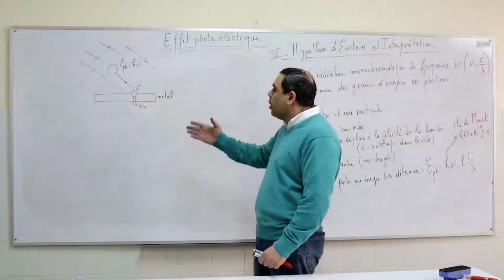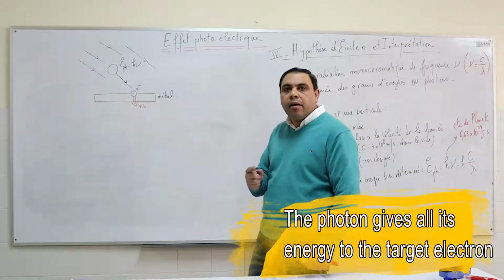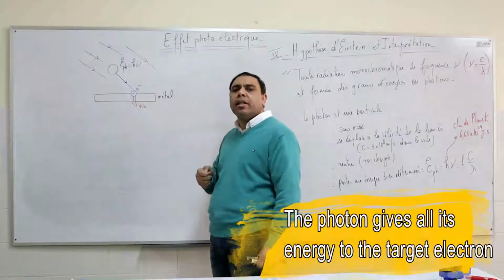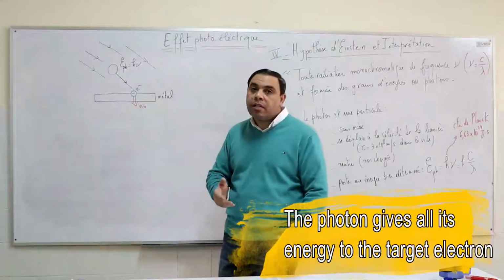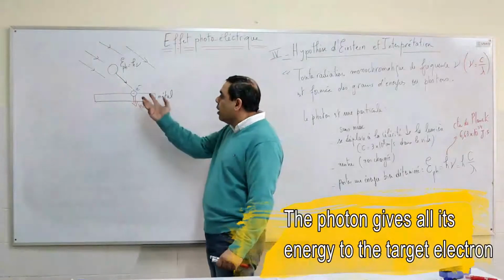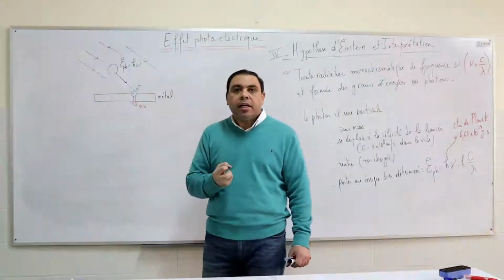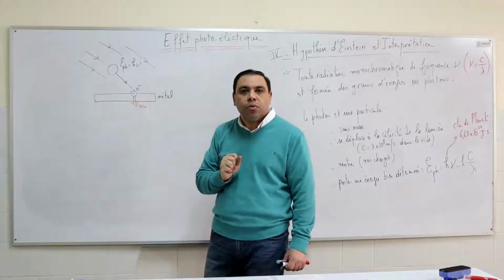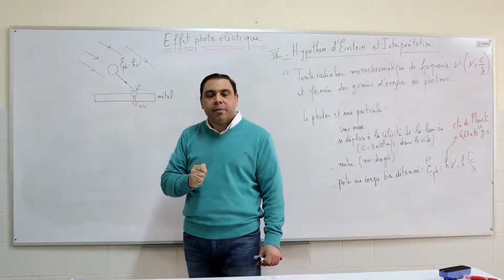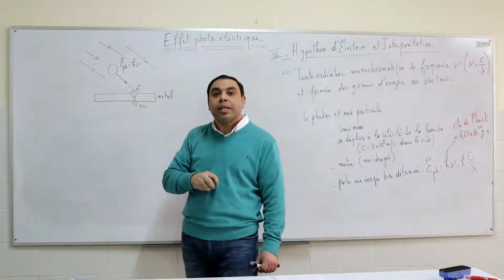When radiation illuminates a certain metal, the photon gives all its energy to the target electron, and as a result, the photon disappears. The electron gains the energy of the photon, that is h nu, so the electron uses this energy in order to be liberated from the metal.